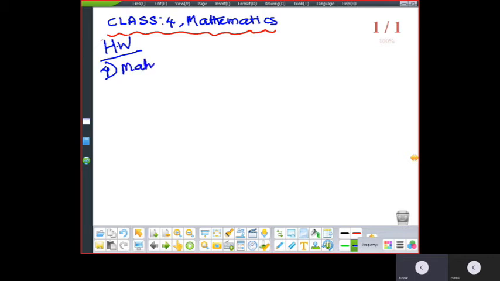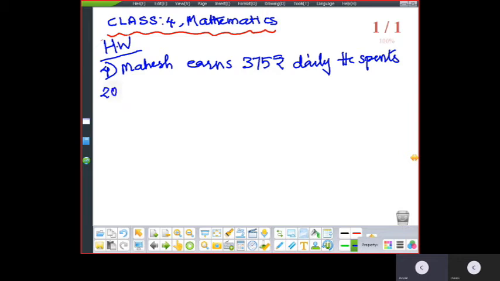Mahesh earns 375 rupees daily. And he spends 200 rupees on each day. Okay?